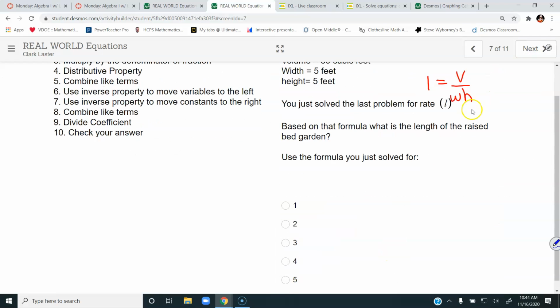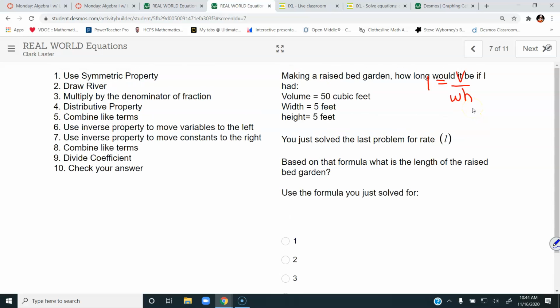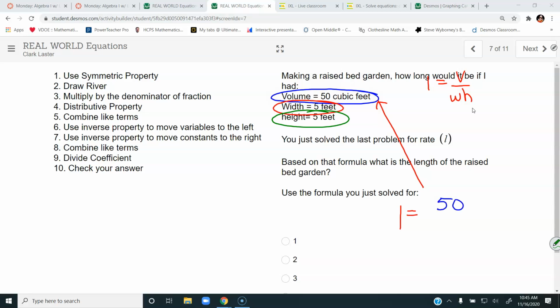I'll hit next, and it says, what is the volume if I know that the volume is 50 cubic feet, the width is 5 feet, and the height is 5 feet. Okay, so L is equal to V, which is 50 feet, divided by the width, which is 5 feet, and the height, which also happens to be 5 feet.